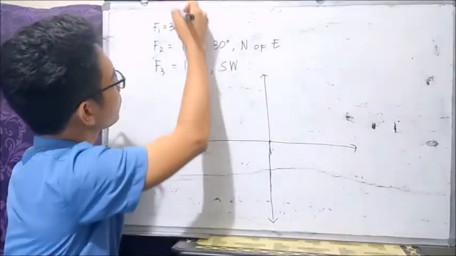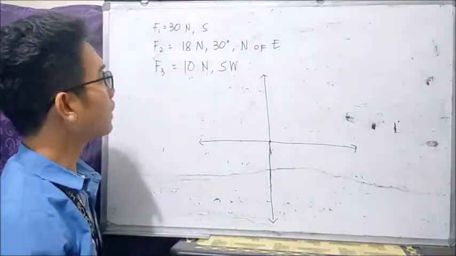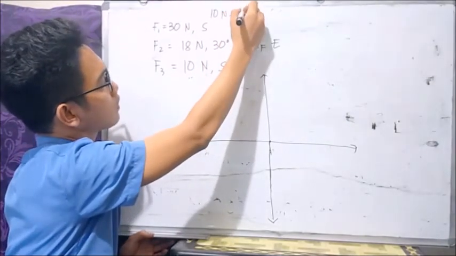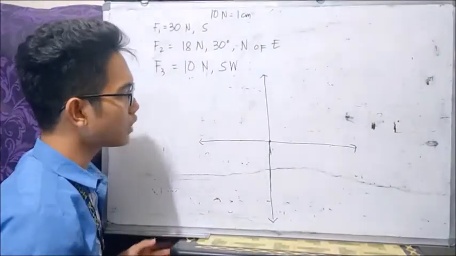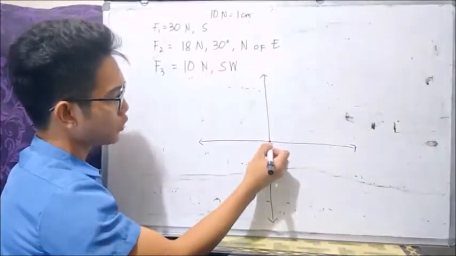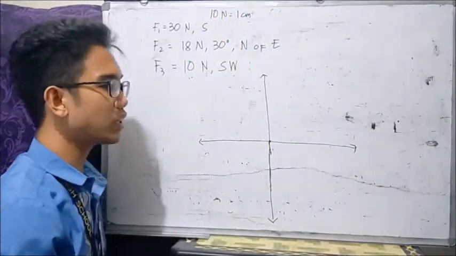Let's say we are going to have an equivalence. Let's say 10 Newton is equal to 1 centimeter. So in your ruler, you are going to measure a line that is 1 centimeter if the given magnitude is 10 Newton.